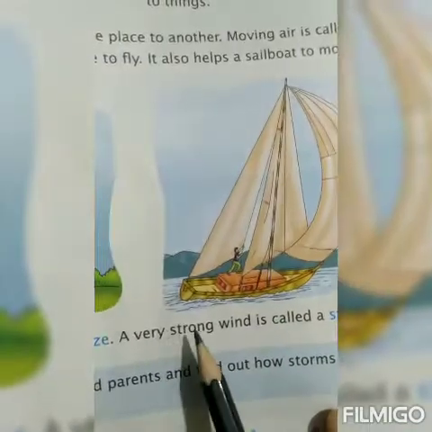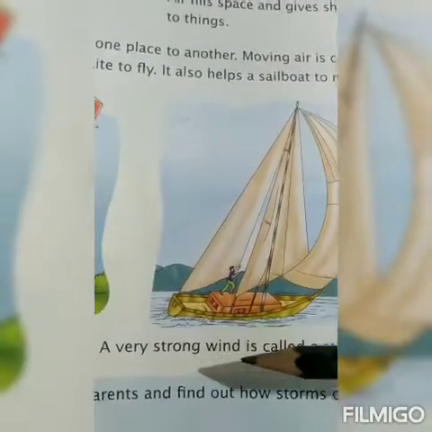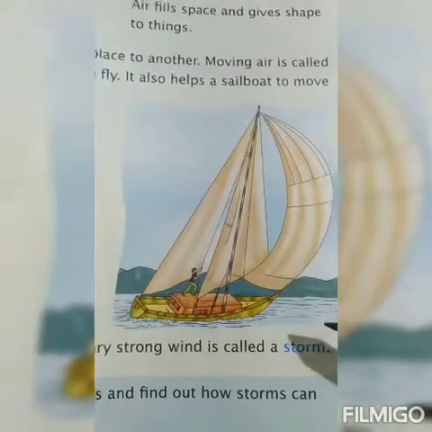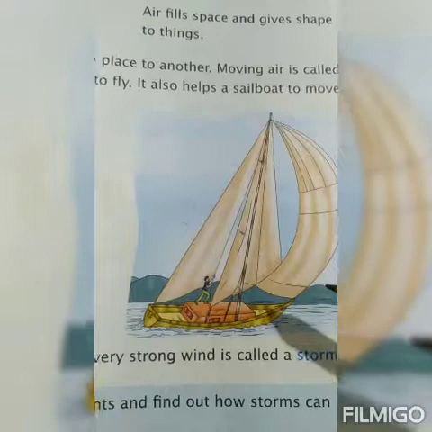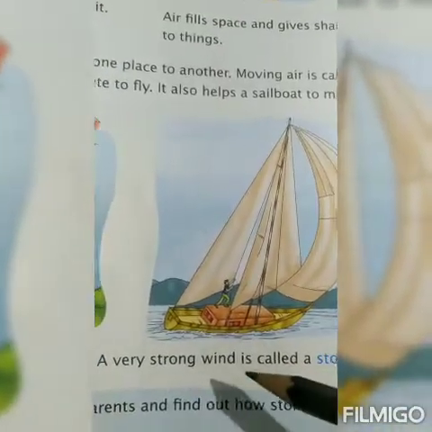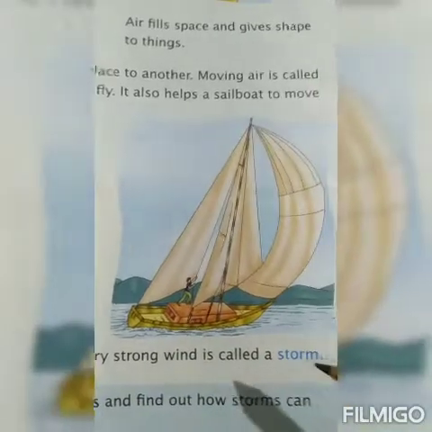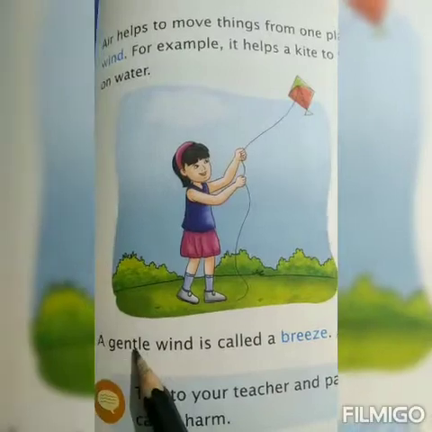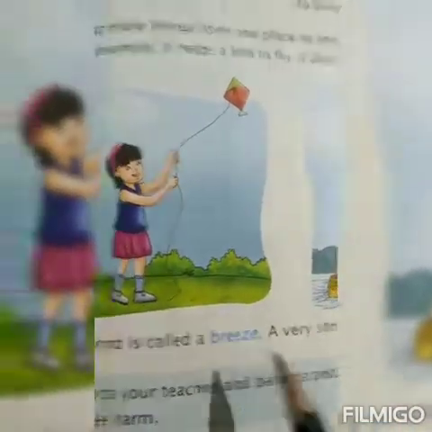When the wind is blowing very strongly, it can blow many trees and even small huts. The strong wind is called a storm. And a gentle, mild, very slow wind is called a breeze.